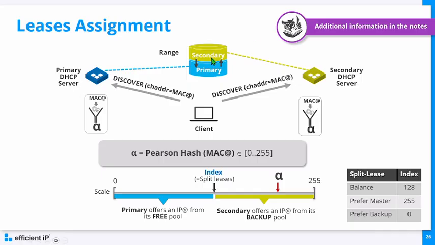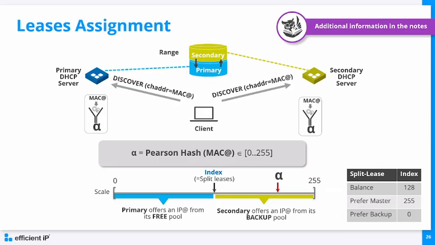Understand? That's why you see the green and the blue color. This is the equal split of the range of IP to be offered. Now the primary and the secondary will be able to offer different ranges of IP to the client.